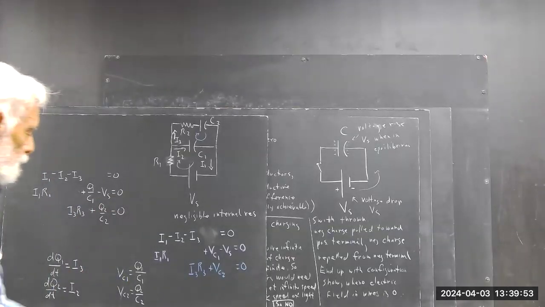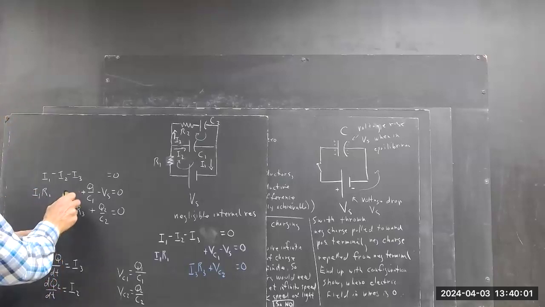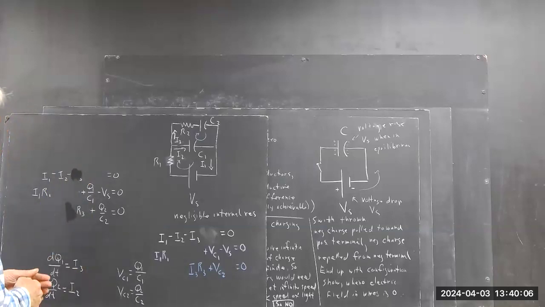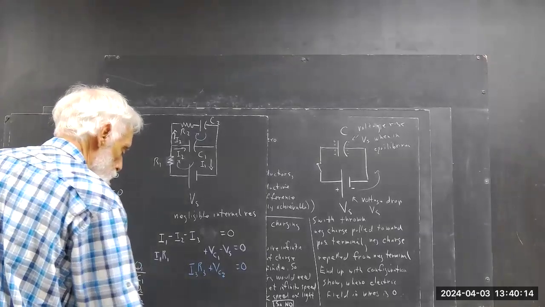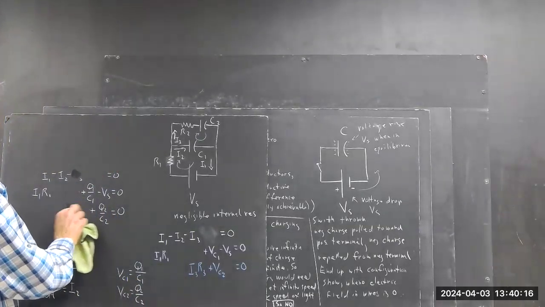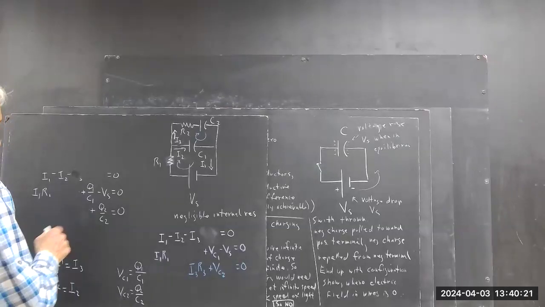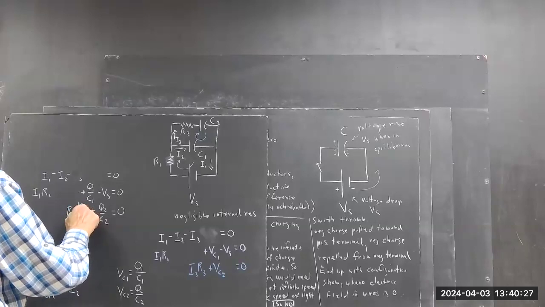So far it doesn't seem particularly informative, but I3 can be replaced by dQ1/dt, so I3 R3 is going to be R3 dQ1/dt.